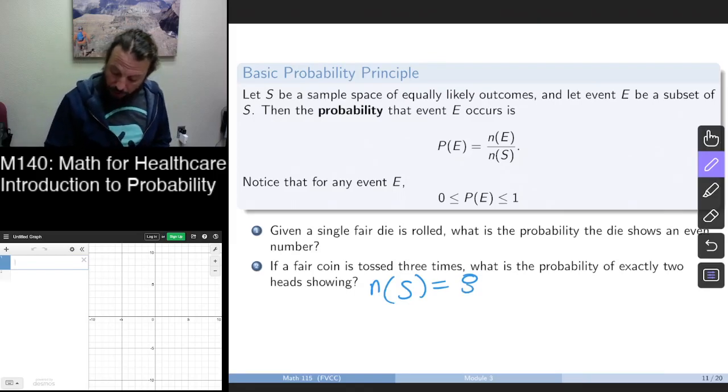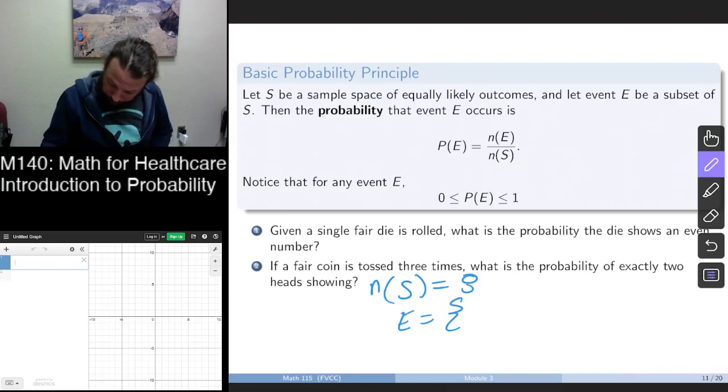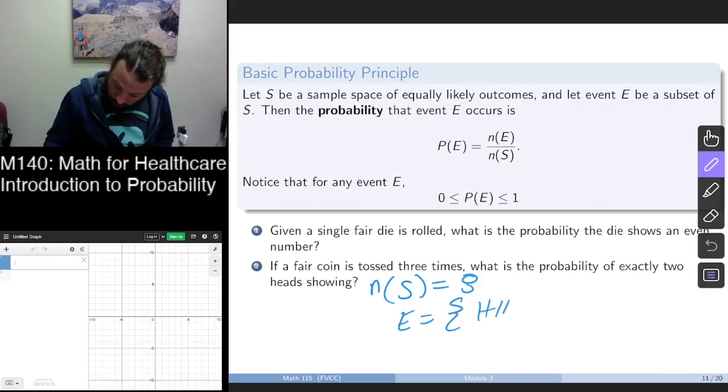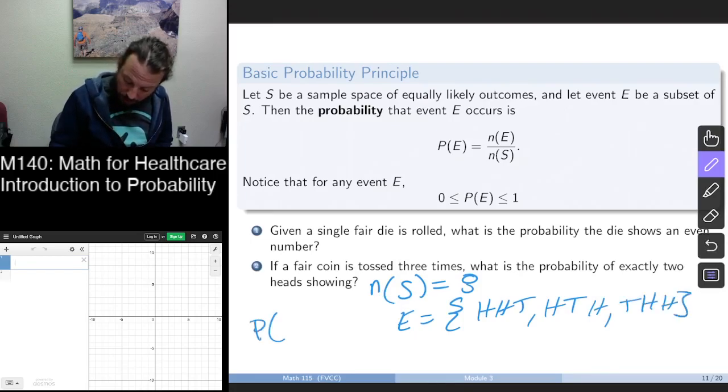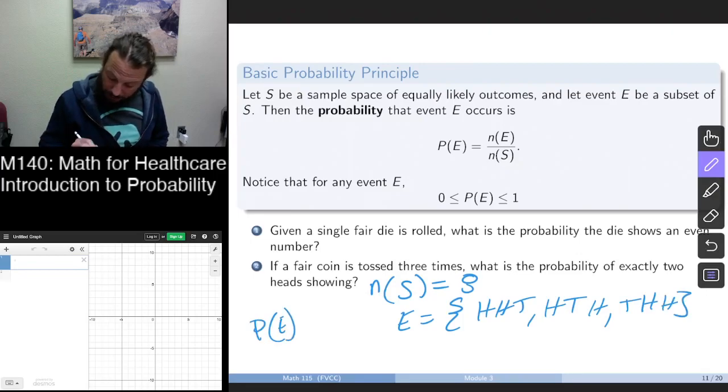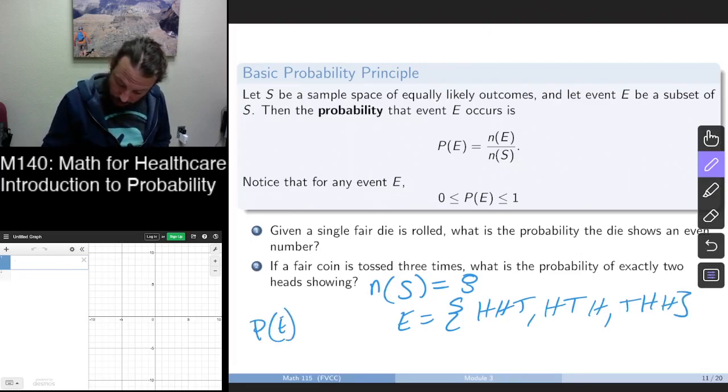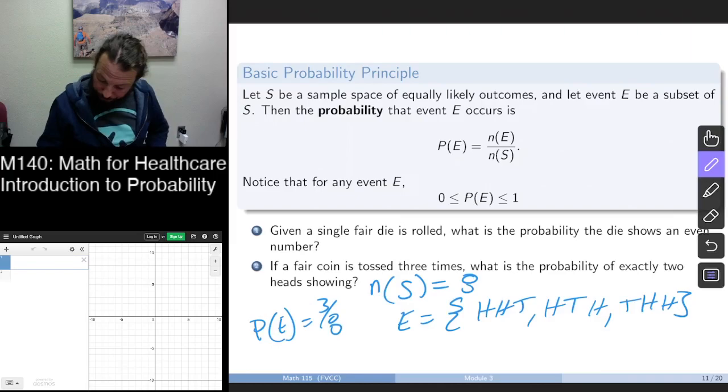Our event E of 2 heads, if you remember, could be 2 heads and then a tails, a heads, a tails, and then a heads, or a tails and then 2 heads. So the probability of exactly 2 heads showing is equal to 3/8.